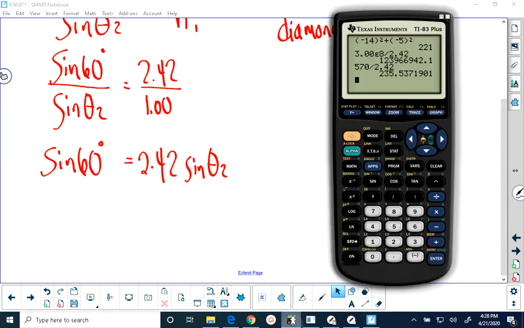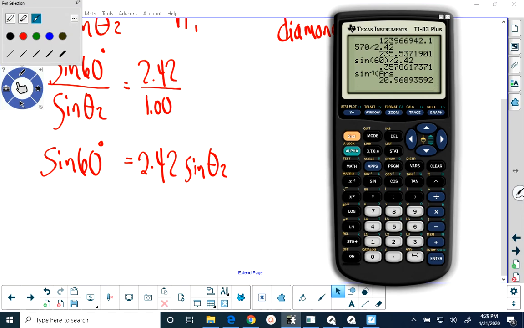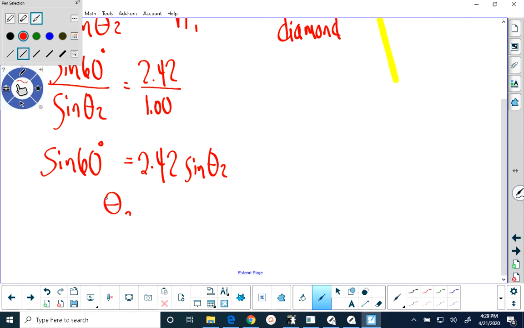Remembering, of course, to be in degrees. So sine of 60, make sure you close the brackets on that 60 degrees, divided by 2.42. This is the sine of theta 2. So the inverse sine is, let's just call it 21.0 degrees. Theta 2 equals 21.0 degrees.